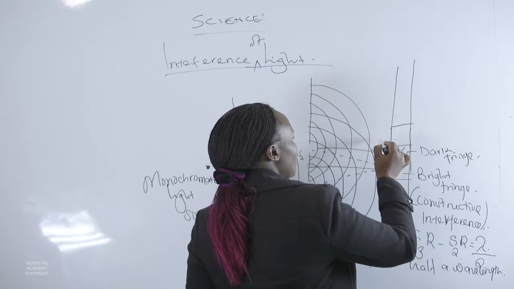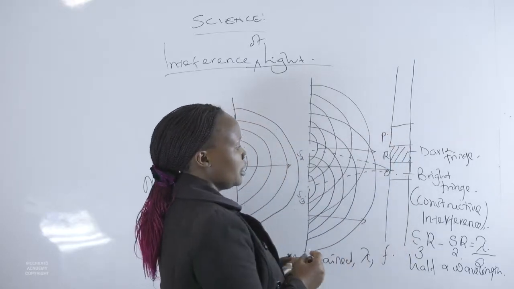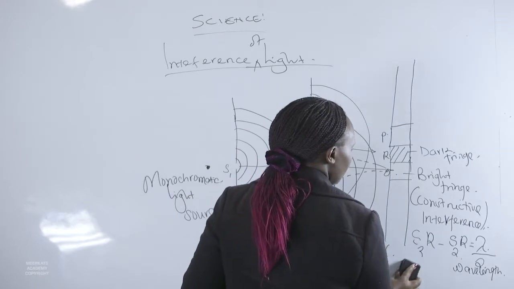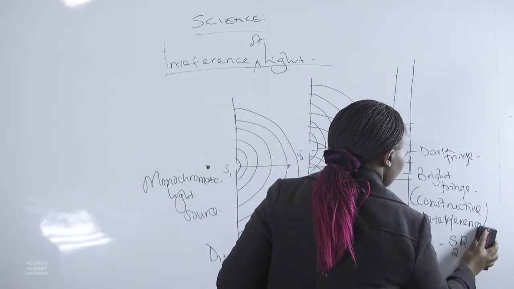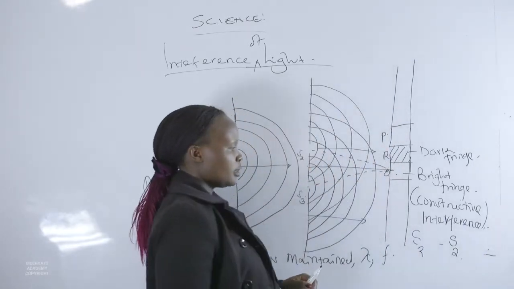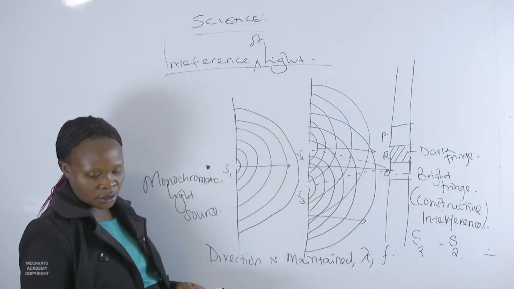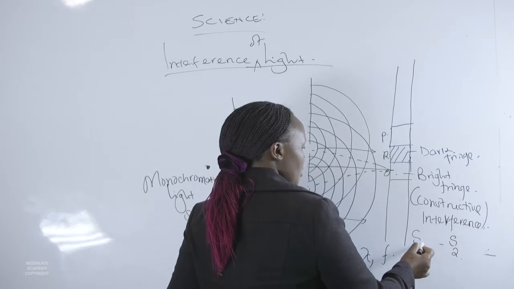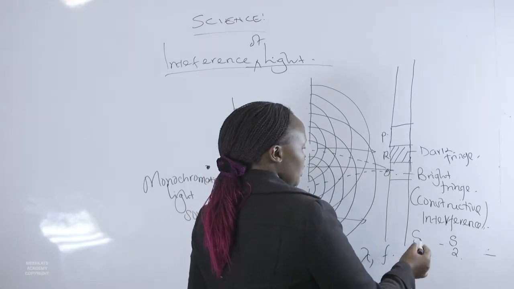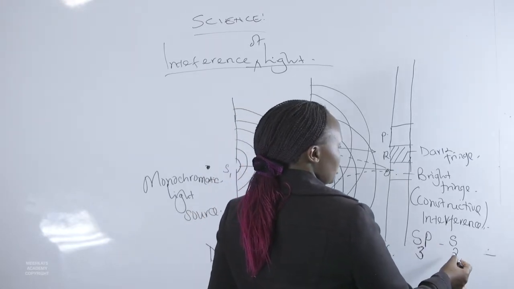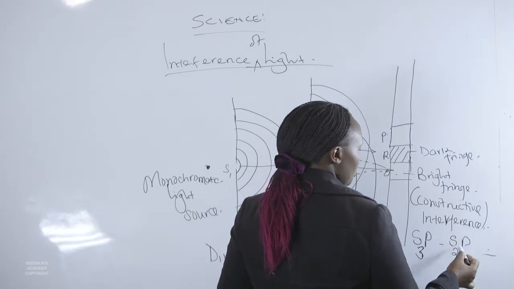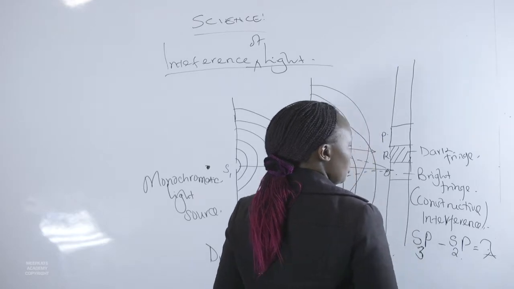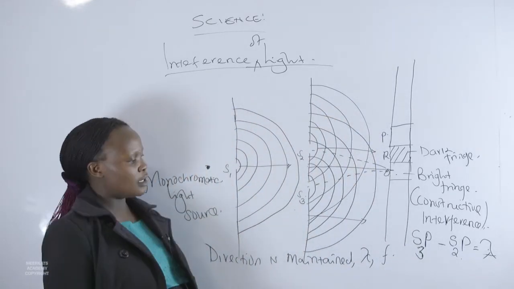Now we can have another point P, where now we have the second bright fringe, and that is where S3P minus S2P will give us a whole wavelength.